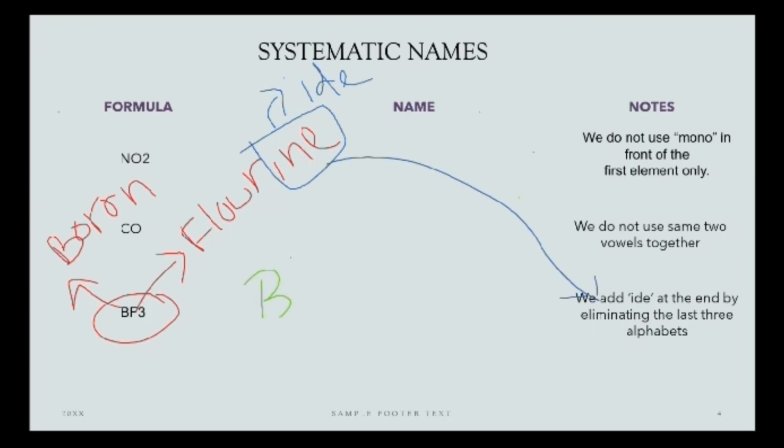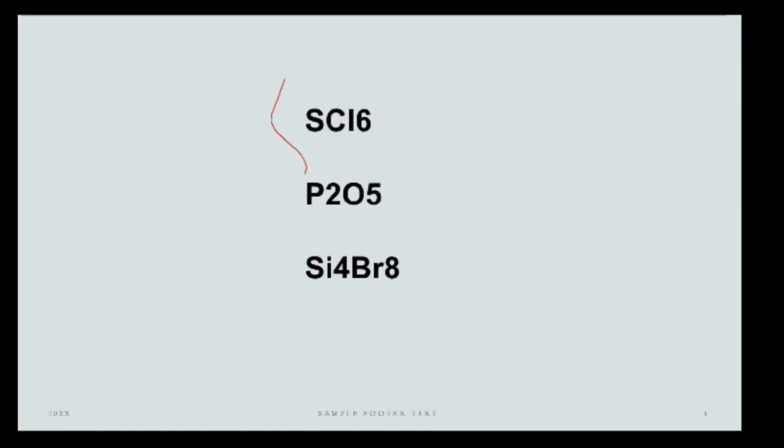Since boron has only one atom and we do not use mono for the first element, the first half of the name will be boron. And since there are three fluorine atoms, for the second half of the name we will write trifluoride. These are some problems for you to solve.